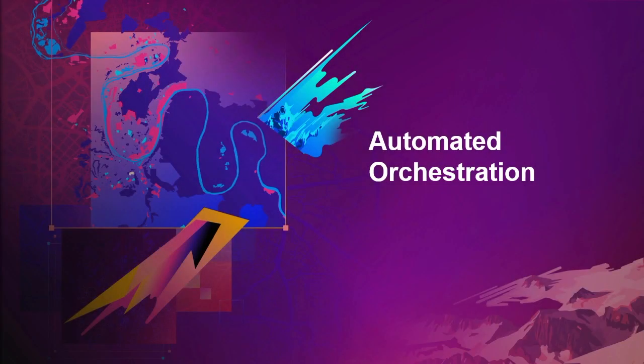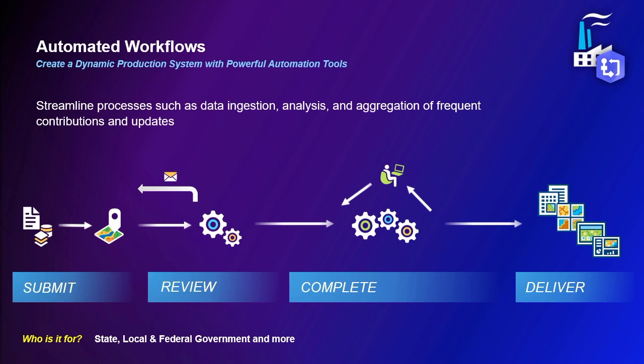Okay, let's switch gears to talk more about automatically orchestrated workflows. Specifically, automated data processing. So you can see the original 4-stage review process we modeled out, but now some of the activities are replaced by automated ones.